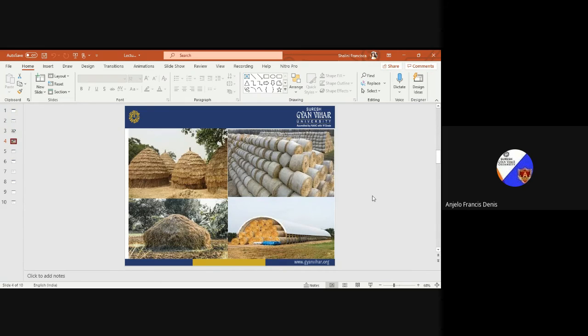If we move on to the next slide, we see some modern as well as traditional storage techniques. These two are the traditional storage techniques. Even today in rural India, people use this type of structure because making modern structures requires machinery, whereas mechanization is very low.